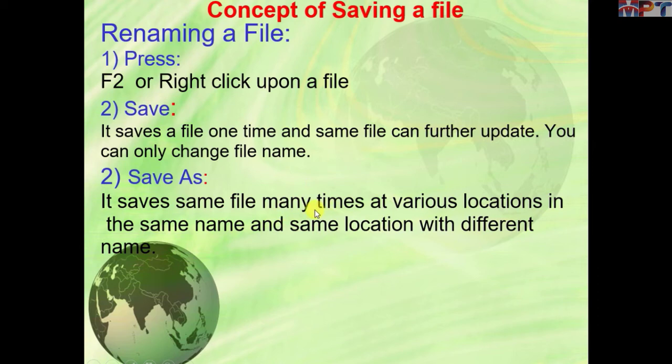Okay, you can also duplicate or copy that file. What is a location? C drive, E drive, F drive, that's called a root location. Okay, you can change it differently.